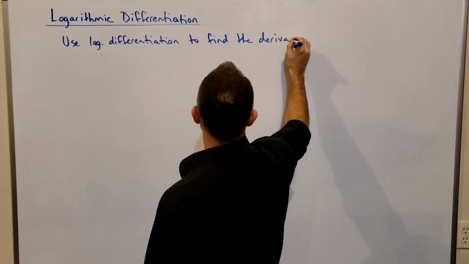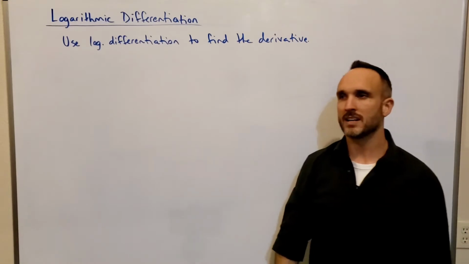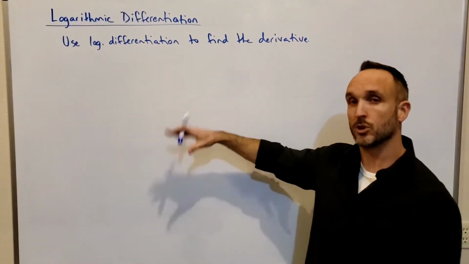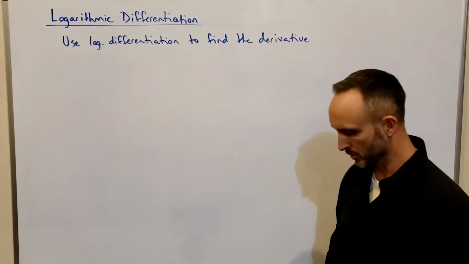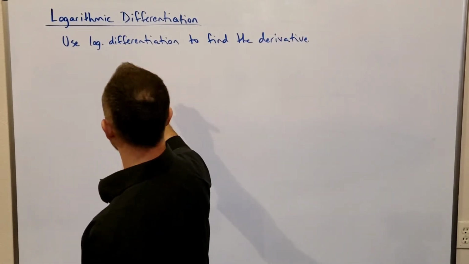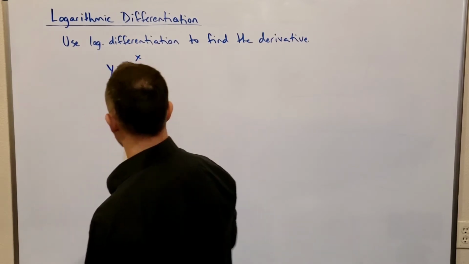So it's important to know what logarithmic differentiation is if you're going to use it. In fact, it can make finding derivatives much simpler. Even though the result might look messy in the end, it'll be much easier than using some other rules. So let's start with using logarithmic differentiation to differentiate y equals x to the x power.